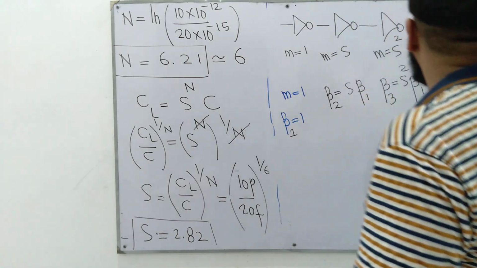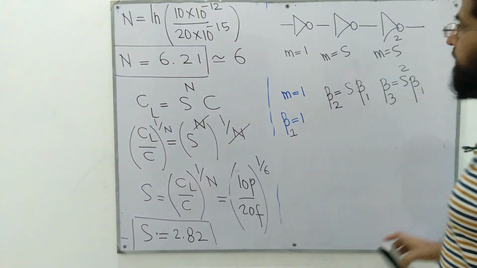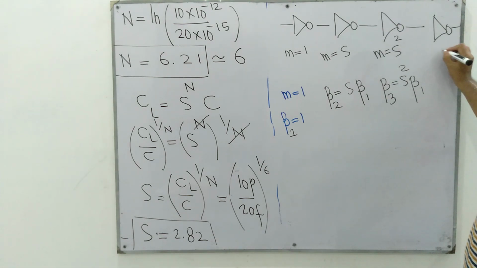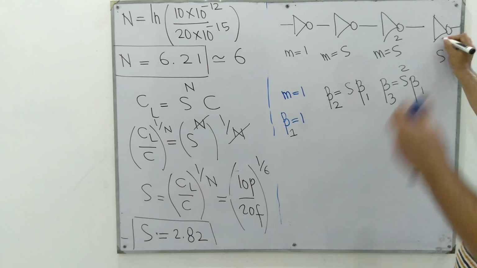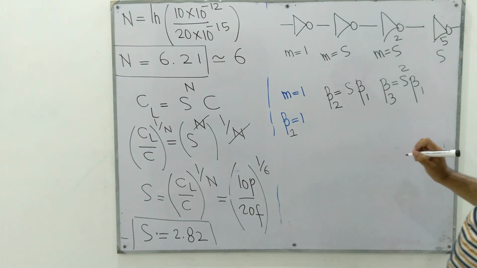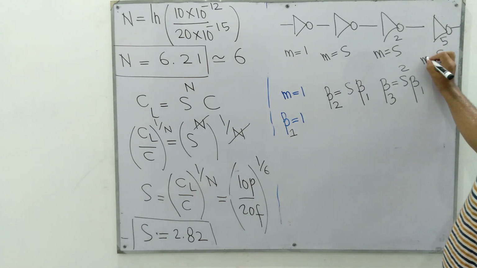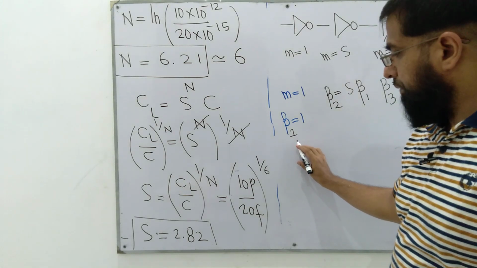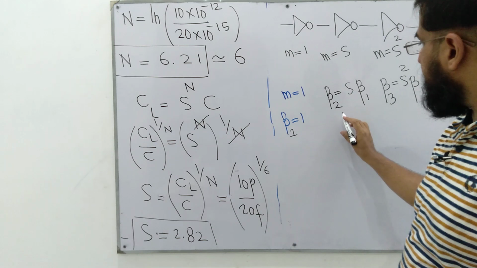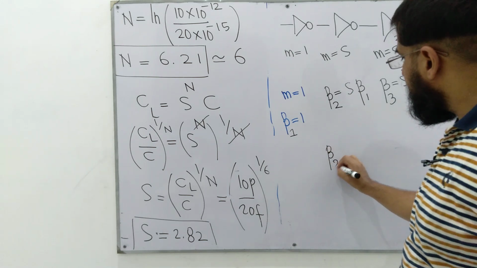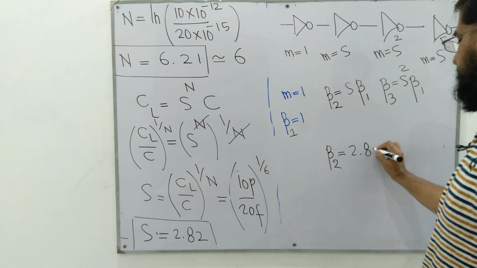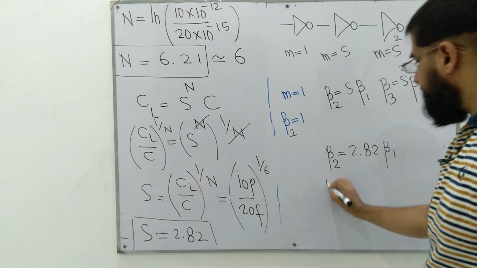The last is s to the 5, where m is s to the 5. So the first beta is beta 1, the second beta, beta 2, is s times beta 1, meaning 2.82 times beta 1.